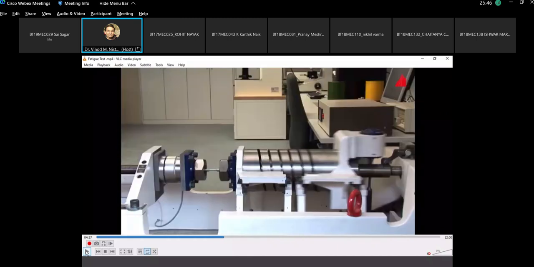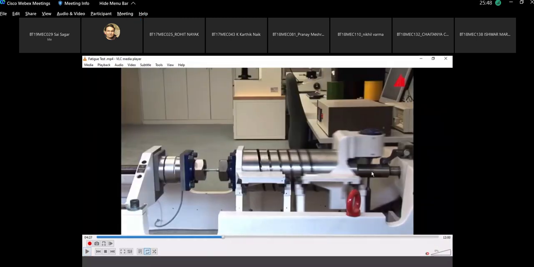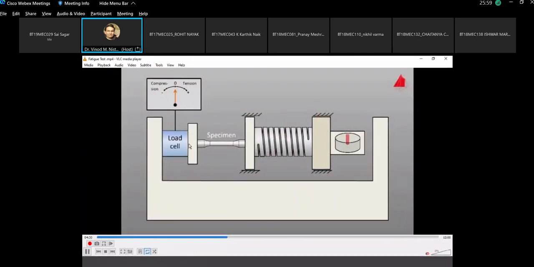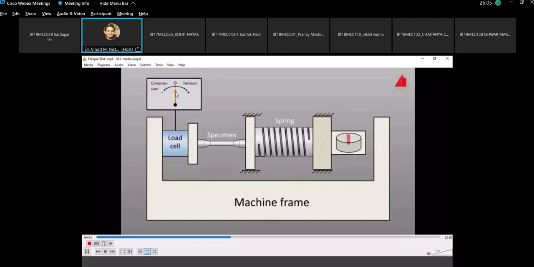Here you can see it is connected to an actuator, and that actuator gives the tensile and compressive load in a cycle. This is the setup for the experiment. This is the machine frame, and the load cell is here. From here we can give the tensile and compression, and then the specimen, and a spring is attached to it here.